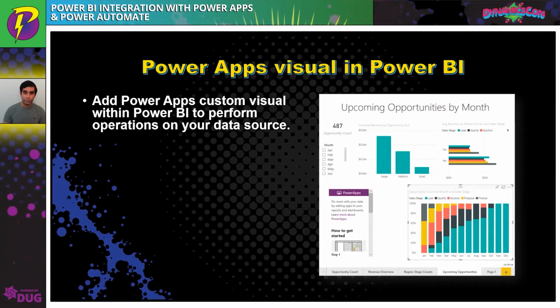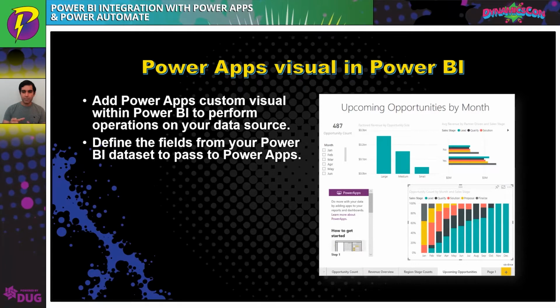However, if you would like to perform data operations, CRUD operations, you want to create data, update data, delete data against your data source, that is not possible in Power BI because Power BI, when it reads the data, it comes in read-only mode. And with the Power Apps custom visual, what Power BI allows us to do is build an app directly integrated inside the Power BI report.